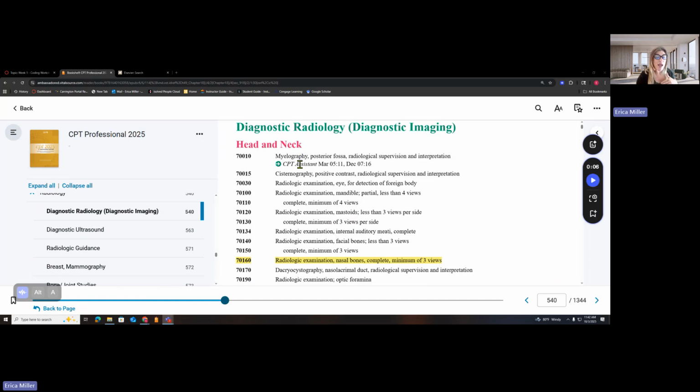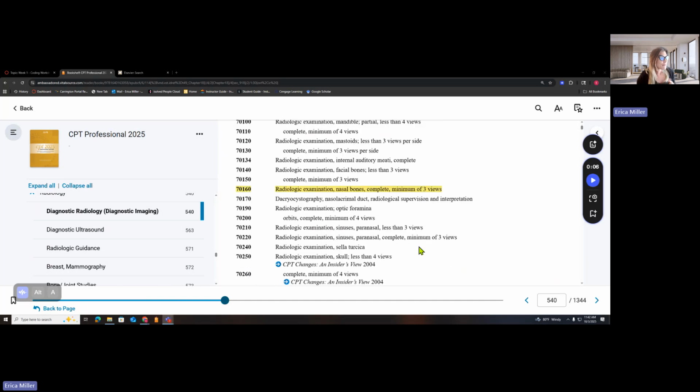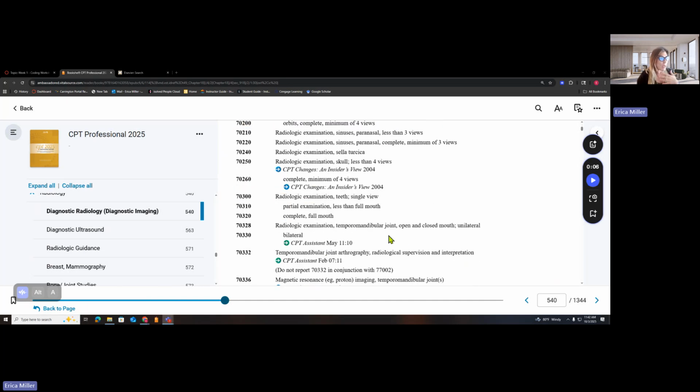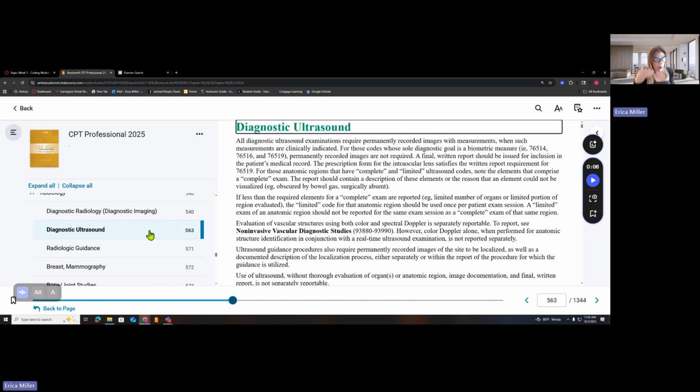So it starts at head and neck, and any accessory structures that are within your head, for example, eye, mandible, facial bones, salivary glands, your temporomandibular joint. That's all part of the head and neck. And then it moves into diagnostic ultrasounds, a different type of radiology service.